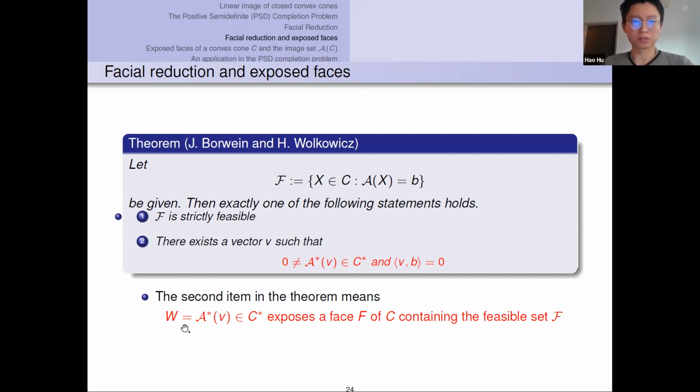And that explains the reason why we call the algorithm facial reduction, because we are actually looking for a face of the underlying convex cone, and the vector W is called an exposing vector here.